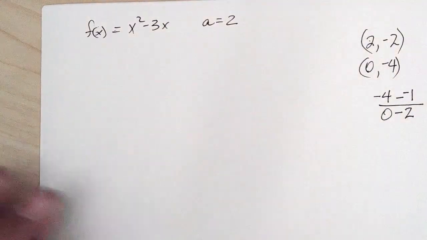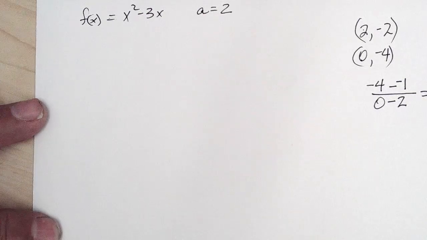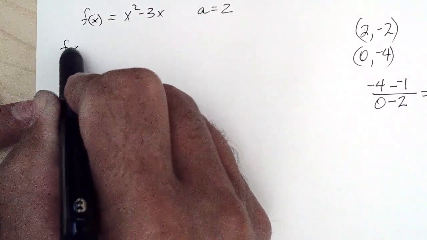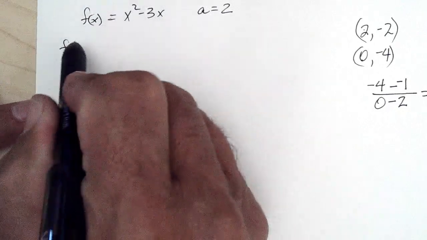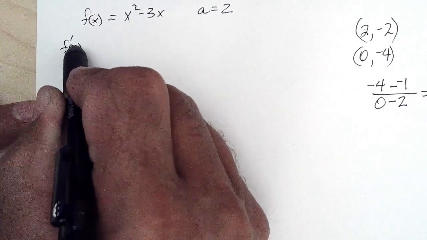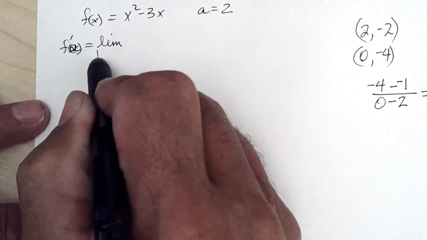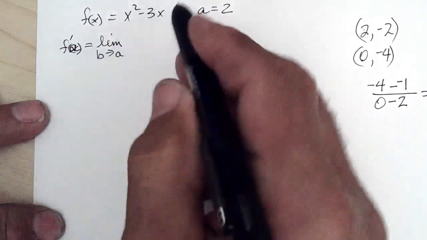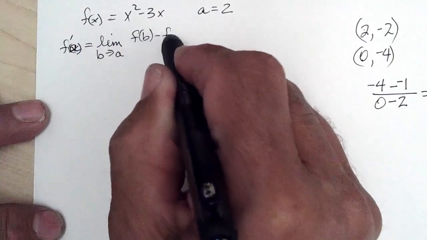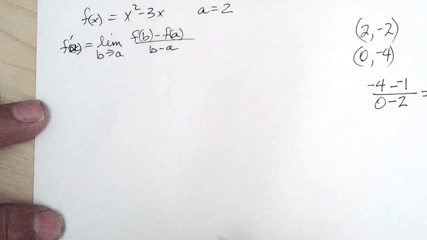Okay, so now let's try to find that algebraically. Now we have the two formulas. f prime of x, or at a, is the limit as b approaches a of f of b minus f of a over b minus a.